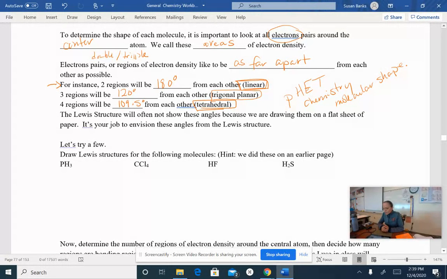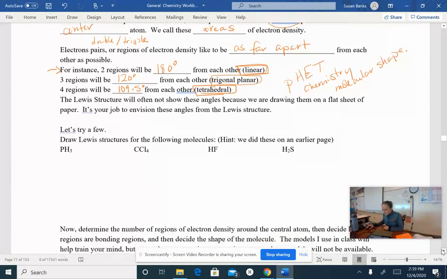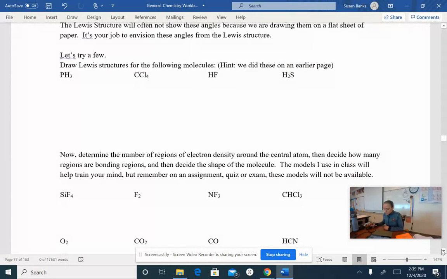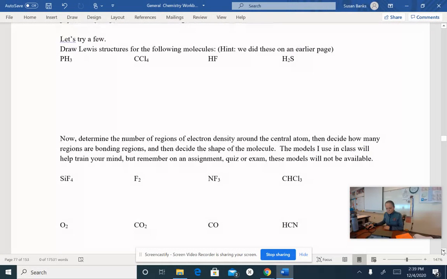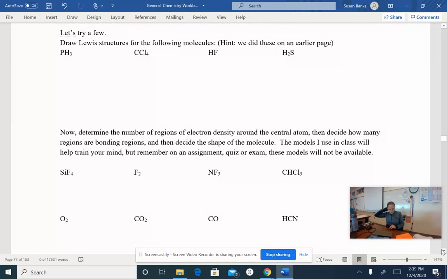So these are all Lewis structures that we've drawn before. We're basically going to be repeating the Lewis structures that we did before, and we're going to practice a few. We did these on the previous pages. So phosphorus trihydride. Phosphorus has 5 valence electrons and hydrogen has 1, and I've got 3 of them.